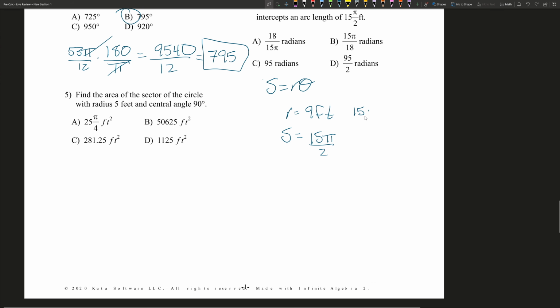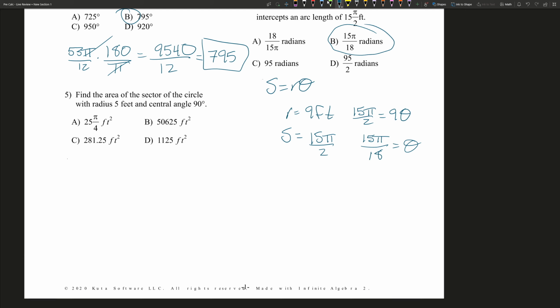So 15 pi over 2 will equal 9 theta. So in order to get theta by itself, we need to divide by 9. So we get 15 pi over 18 is equal to theta. Which is B.